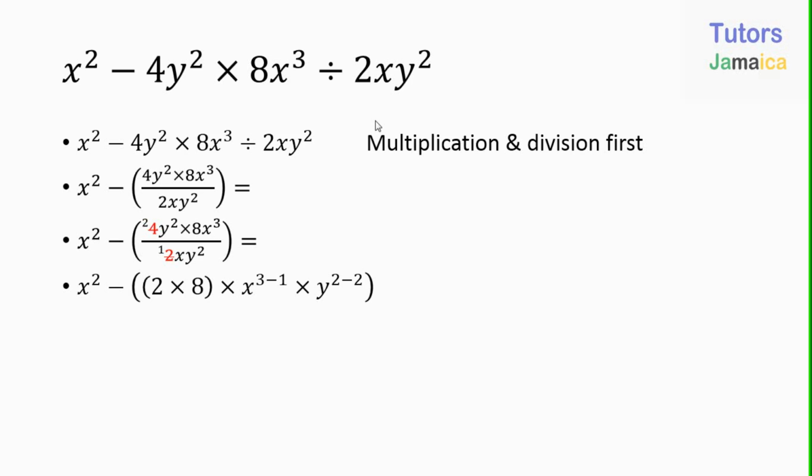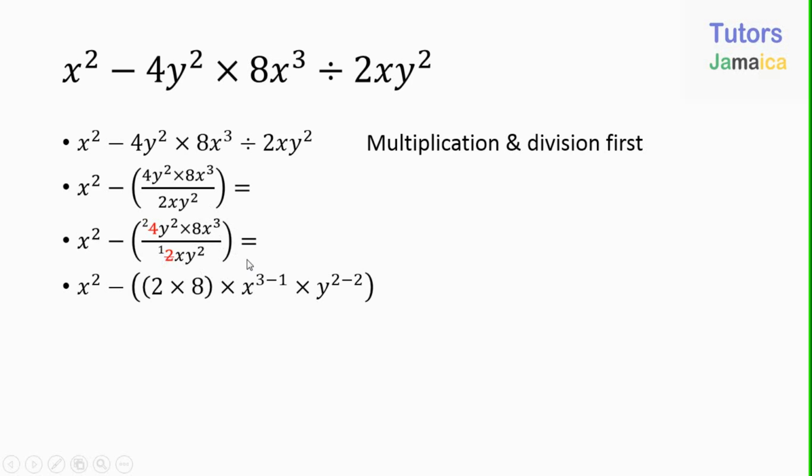So 2 times 8, then 3x, because x is closer to the beginning of the alphabet. We say xy, we don't usually say yx. Okay, so now we have here 3 minus 1. So the 3 is the 3 at the top, and the 1 is the 1 at the bottom.